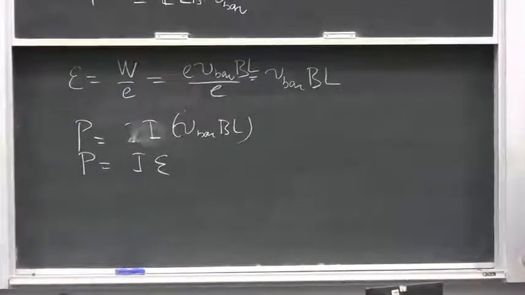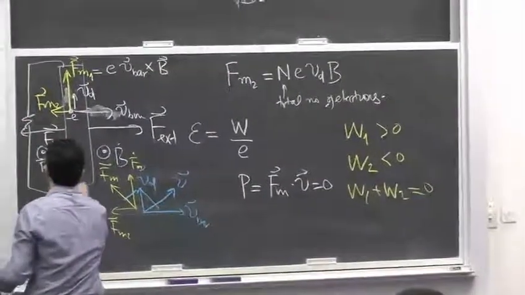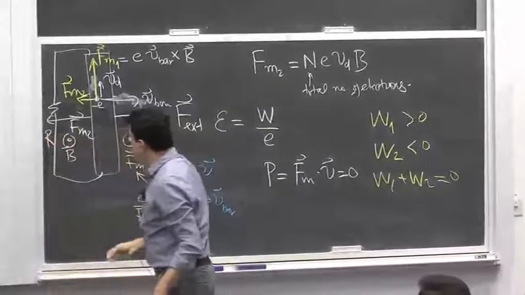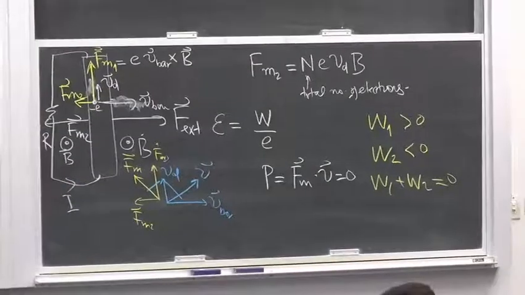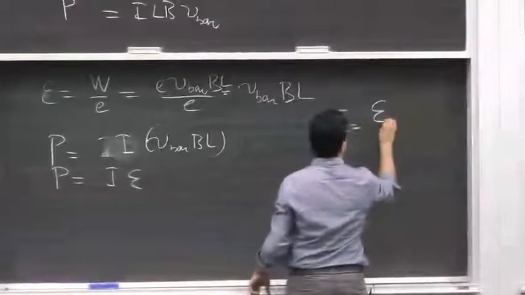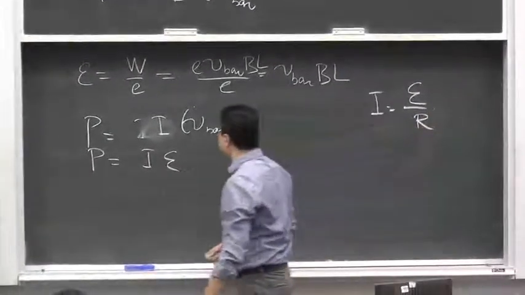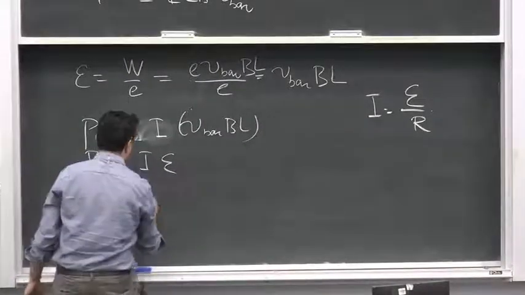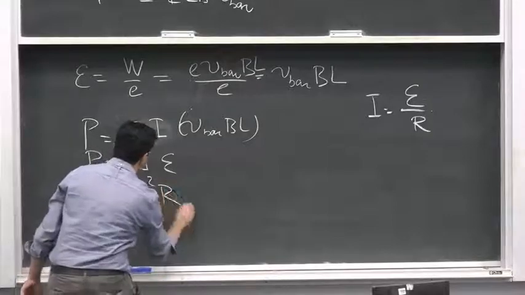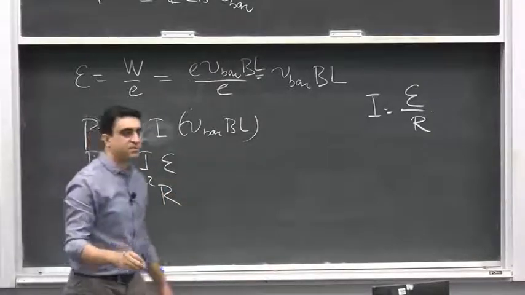And if you have connected this to a certain resistor R, what would be the current which would flow through it? The current would be given by E by R, so that would be equal to I square R. So that would be the total power.